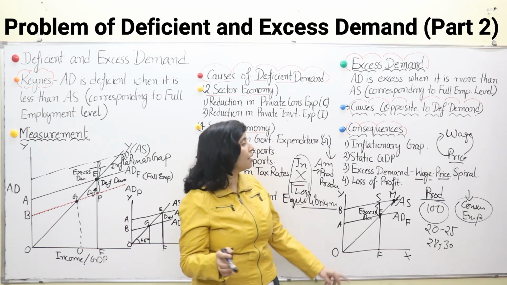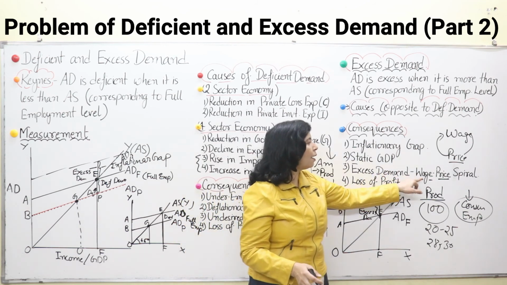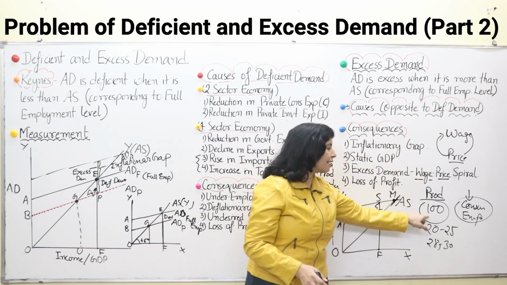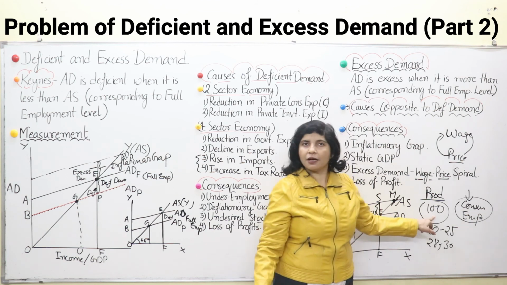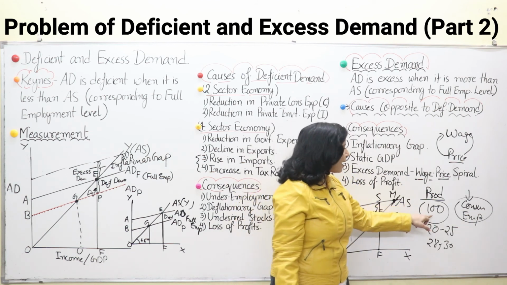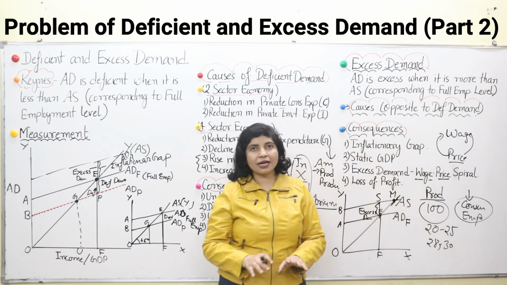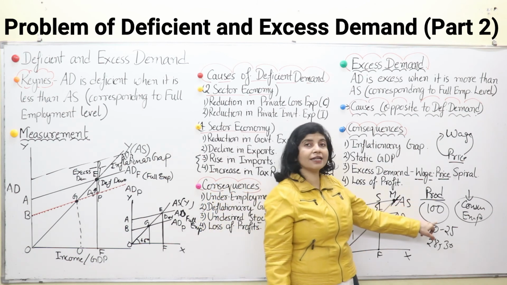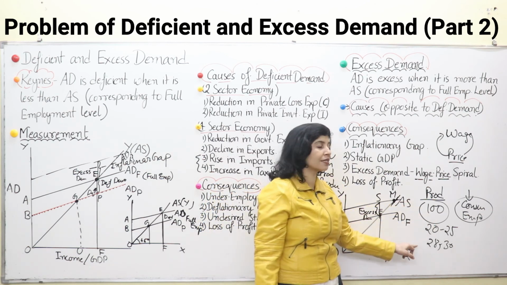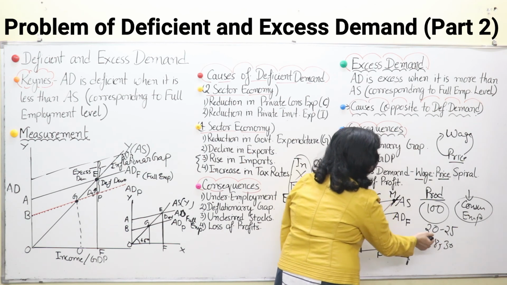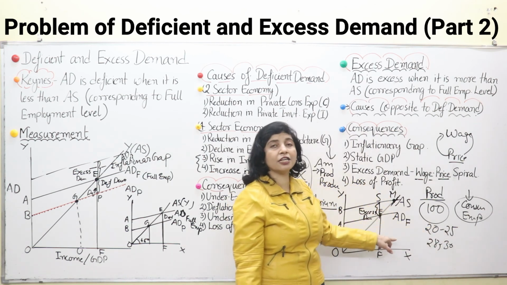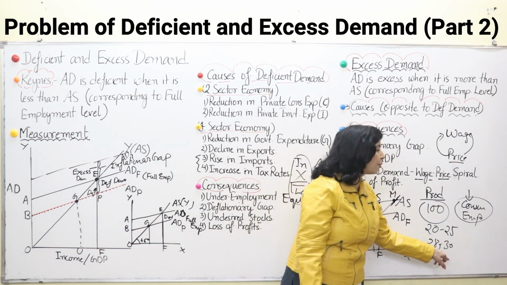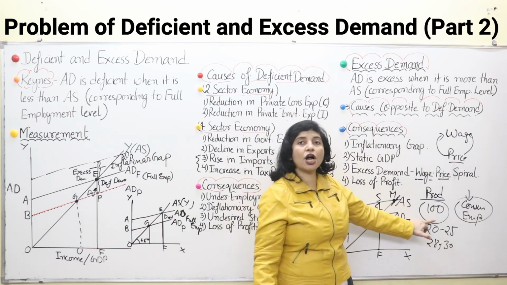Production cannot be increased. Suppose a producer is producing 100 packets of bread. If he is utilizing all his resources and cannot increase his production, he can increase only the prices. First he may increase his price to 20 rupees per packet, then to 25 rupees, then 28, then 30 or 35 rupees. And production cannot be increased.